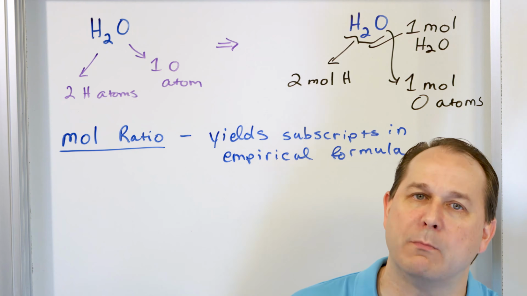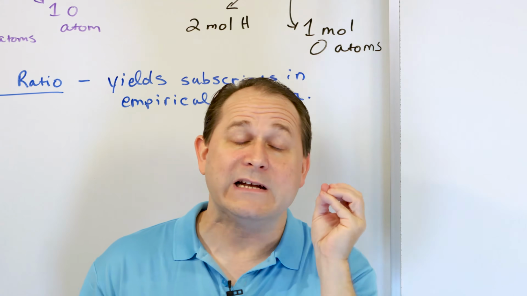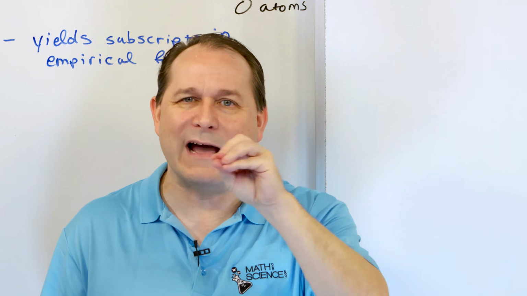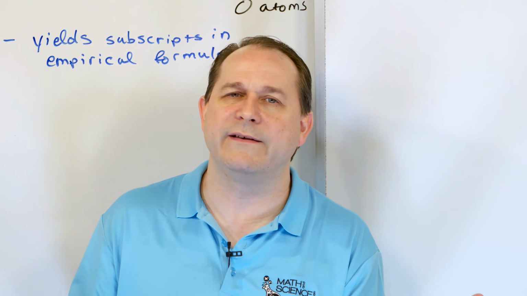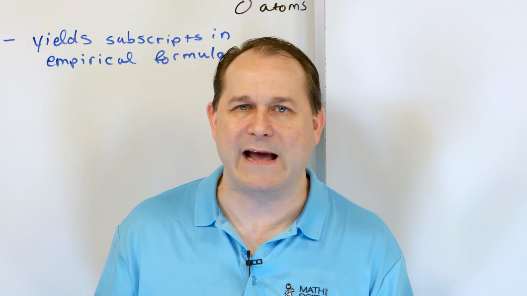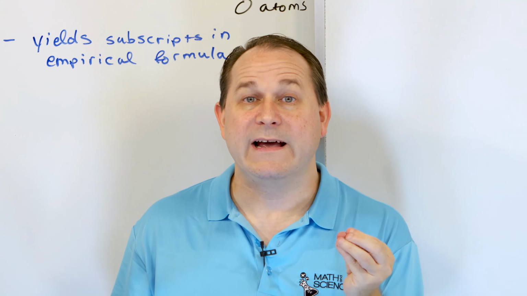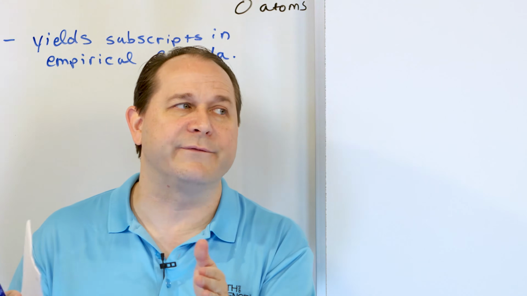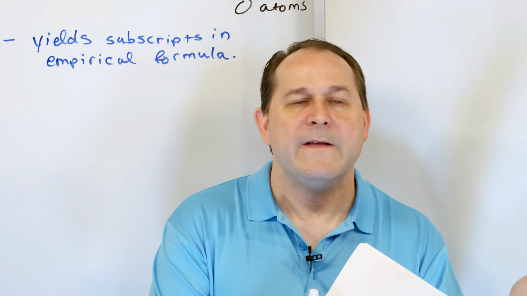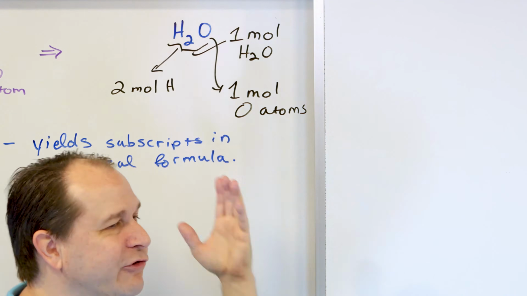And you're measuring not grams, you're measuring moles, which counts the atoms indirectly because a mole is a counting of the atoms. If you measure with an experiment that there are 2 moles of hydrogen for every 1 mole of oxygen, then you can write down the empirical formula, H2O.